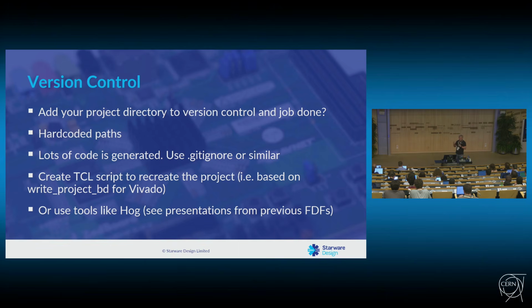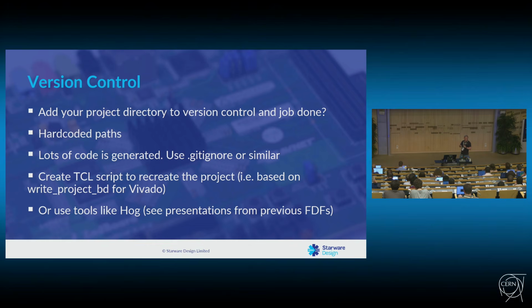You don't want to commit the generated code, because it's pretty much guaranteed that at some point you're going to commit a version of the IP configuration that is different from the output that you are committing in the version control. This applies to the bitstream too. So use gitignore or similar for your version control, and basically you just keep what you have as a source and not the output of the source.